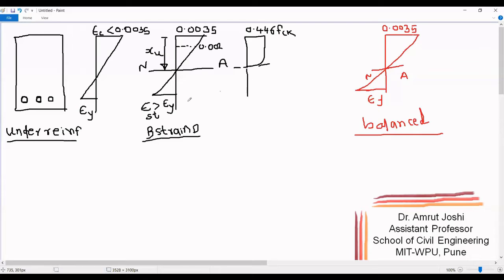At the level of steel, we are going to have a strain value greater than yield strain. By elastoplastic idealization of the stress strain curve of steel, for any value greater than yield strain up to ultimate strain, we are going to have the same value of stress, and that stress is going to be equal to 0.87 fy, tensile in nature.